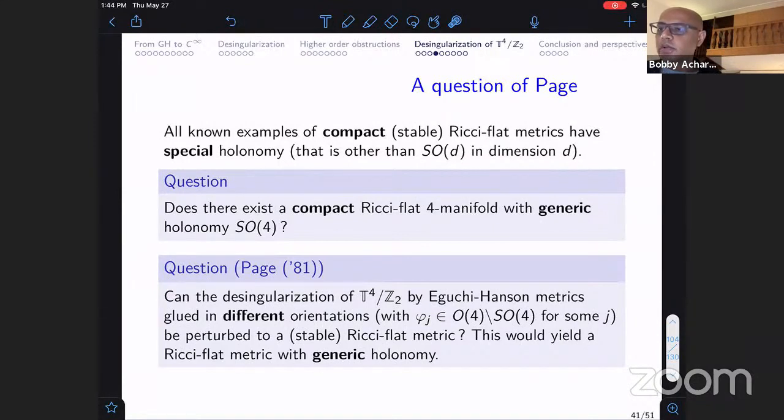So it's still an open question for quotients of tori. Okay, so even with this topology. Okay, yeah, thank you.